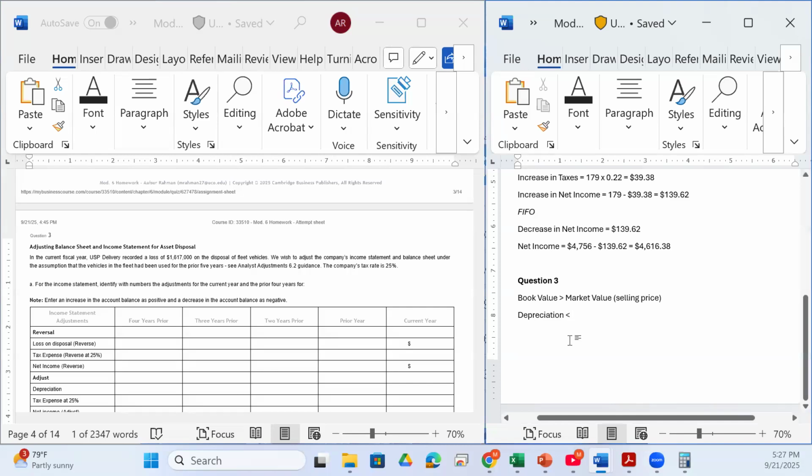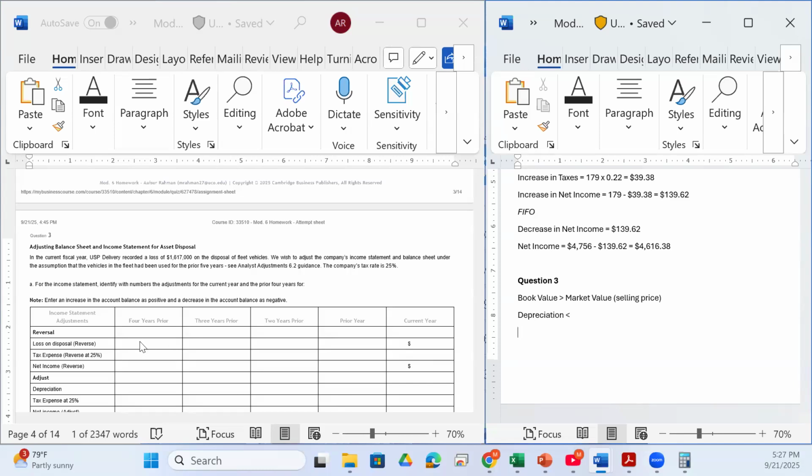So depreciation was lower than it's supposed to be. So what we have to do is revise our estimation of depreciation, and spread this loss amount over the prior 4 years and the current year. So this is about this problem.